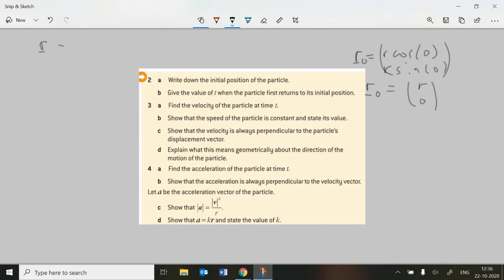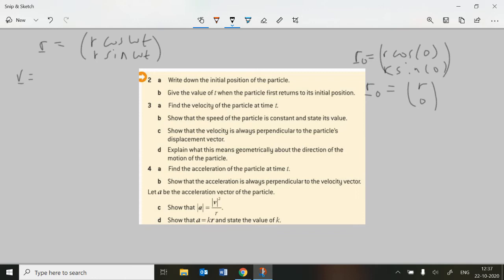Let's just write down r as well. So we've got it here, r cos omega t, and this is r sine of omega t there as well. Okay, you can put brackets around these, but it's kind of understood there already. Okay, so then it says find the velocity vector. So the velocity vector is not going to be hard here.